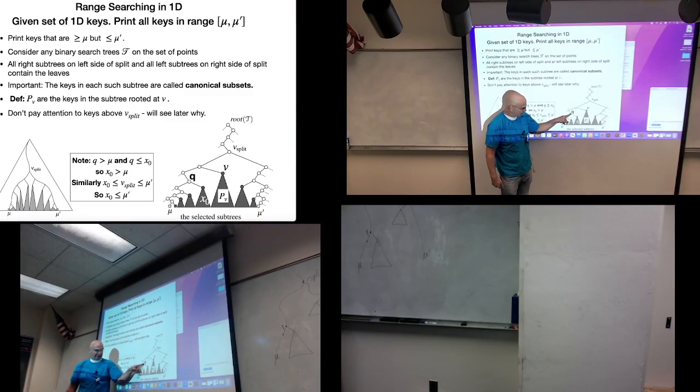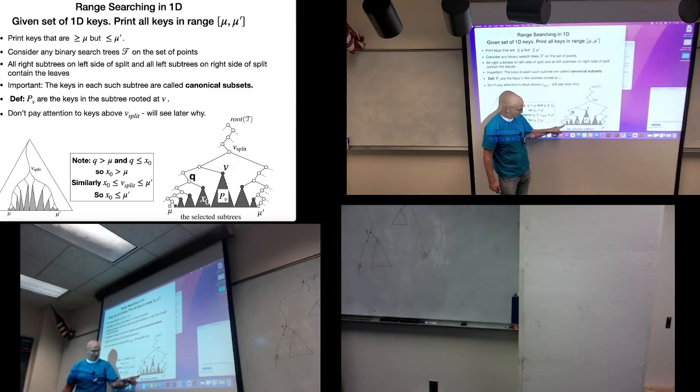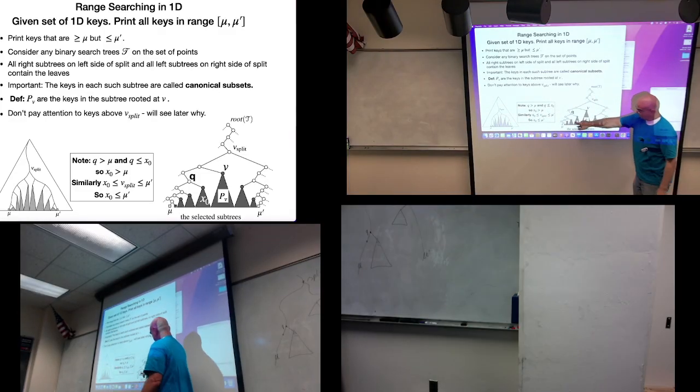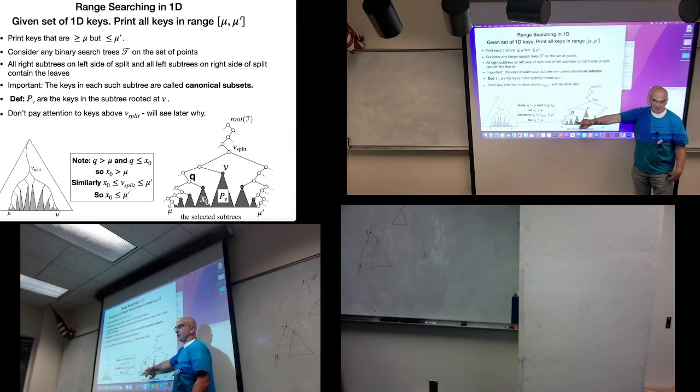And q in turn is larger than mu, because to go to mu I went to the left from this subtree. So everybody here is larger than q, which is in turn larger than mu. So anybody here is larger than mu.